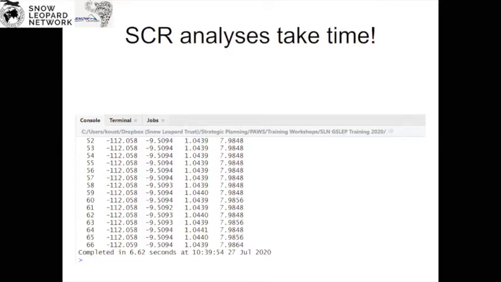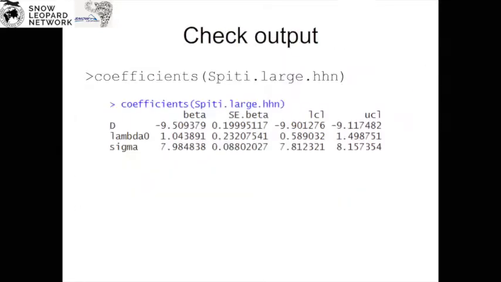But basically, it's looking for the values of these coefficients for which the likelihood is the highest. In this particular scenario, the log likelihood is the lowest possible value mathematically.